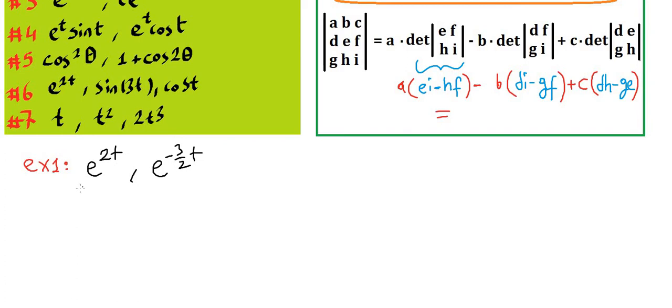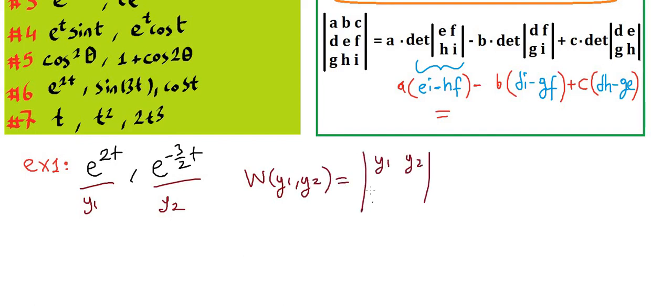So let e to the 2t be our y1 and e to the negative 3 over 2 t be our y2. So our Wronskian will be given by y1, y2, y1 prime, y2 prime.